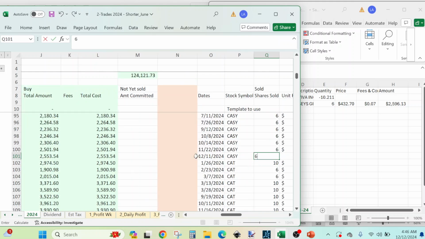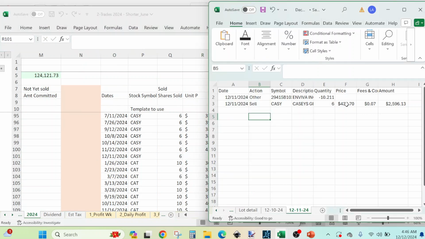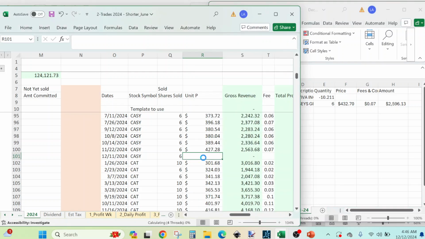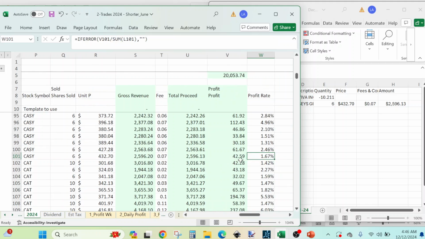We sold those 6 shares at a price of $432.70, and the fee is 0.07, and the profit is $42.59 or 1.67%.